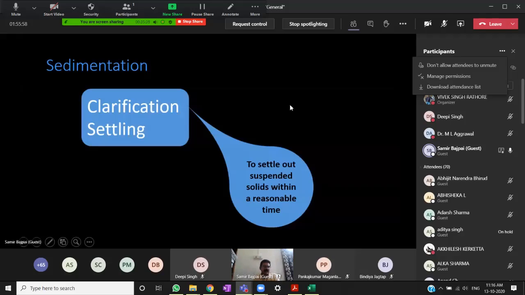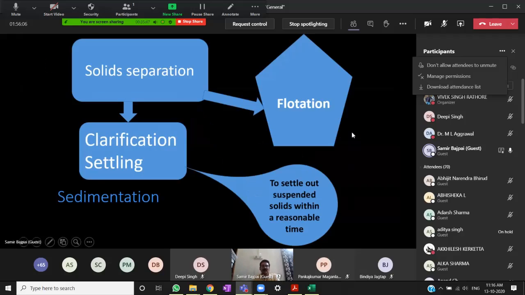If we have particles which are heavier in specific gravity than water, we go for gravity settling within a reasonable time. Usually the settling time given is 2 to 3 hours. The purpose is to separate solids from water, because these solids cause a lot of contamination. So either you can go for flotation or gravity settling, and the purpose is to settle out suspended solids within a reasonable time.